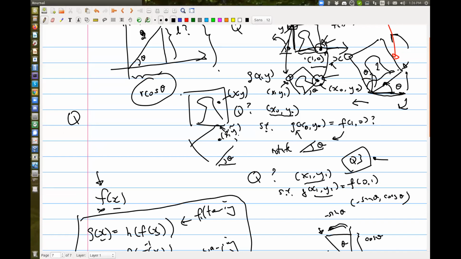I start with what is x tilde, y tilde, such that in general g(x tilde, y tilde) is equal to f(x, y), let's say.